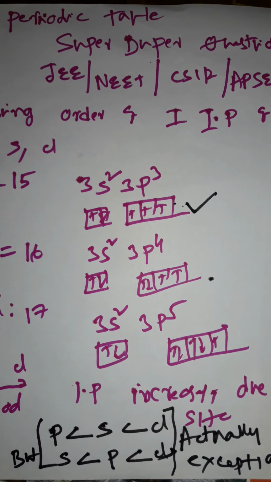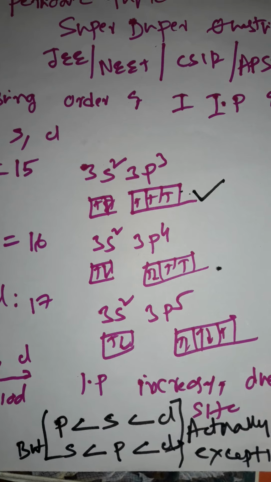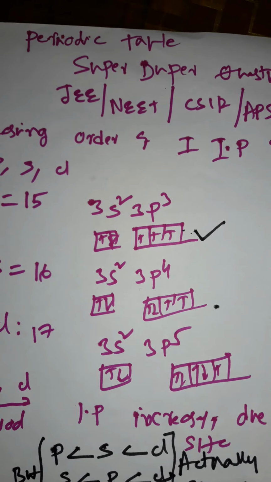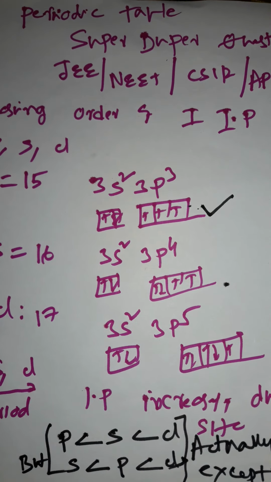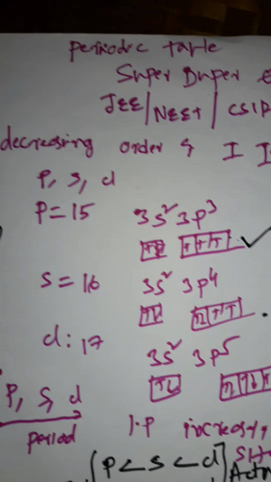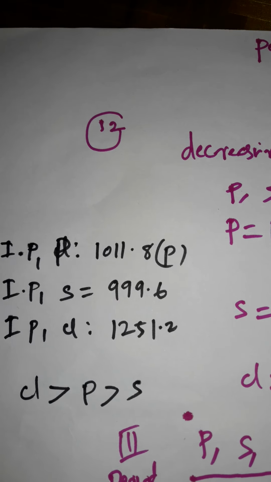Actually, phosphorus less than sulfur less than chlorine would be expected, but there is an exception here: sulfur is less than phosphorus, and phosphorus is less than chlorine. That is the correct answer. Or you can say chlorine is greater than phosphorus, greater than sulfur.